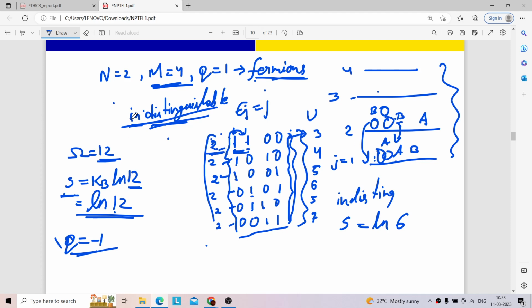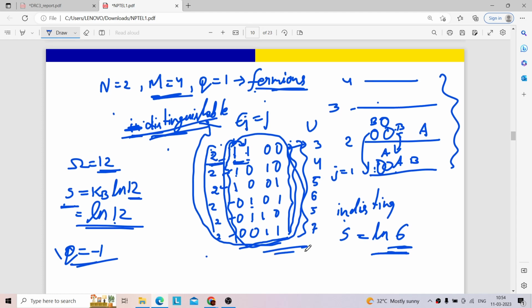This is for distinguishable, and this part is for indistinguishable. And 6 is for indistinguishable because I don't have to arrange between A and B, they will look the same. That is the thing I was confused about with both the things.